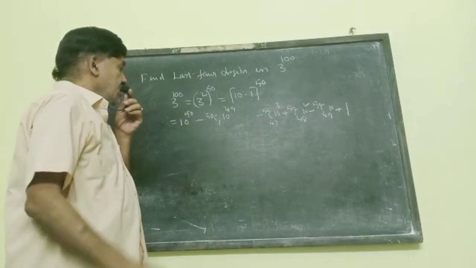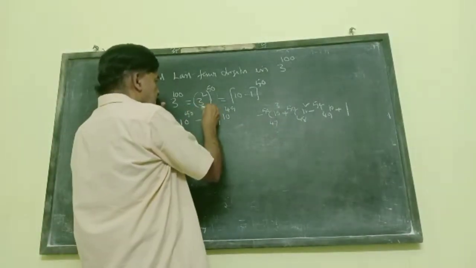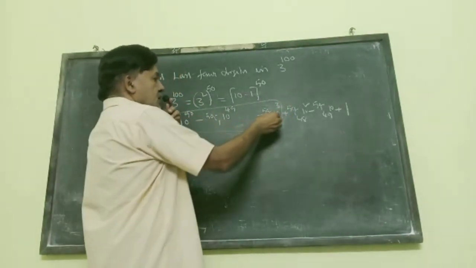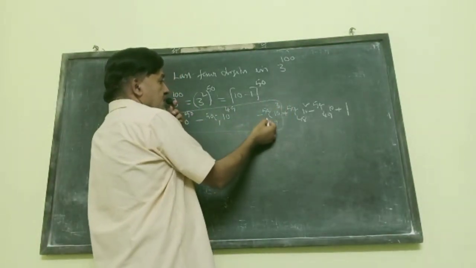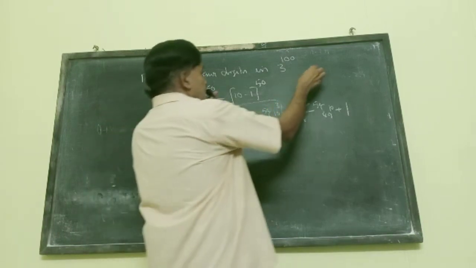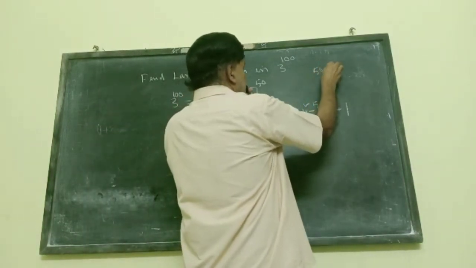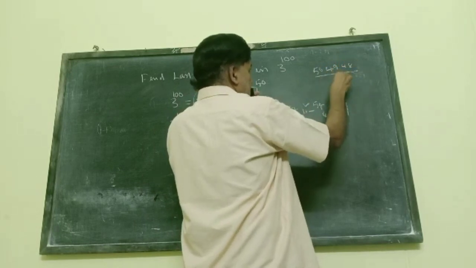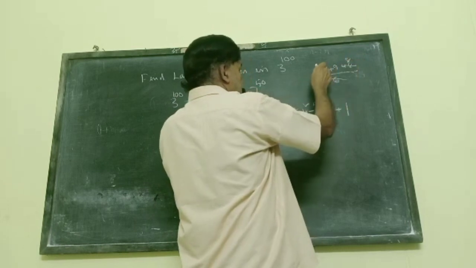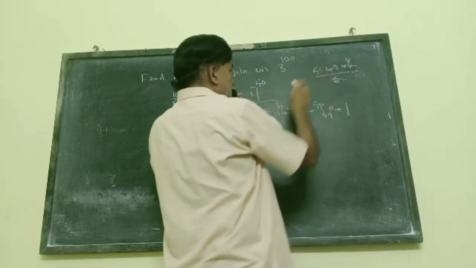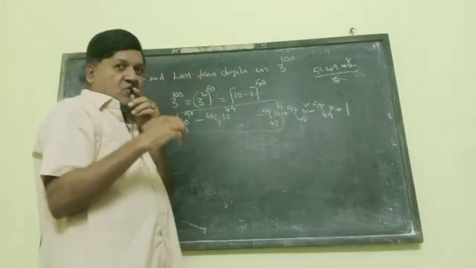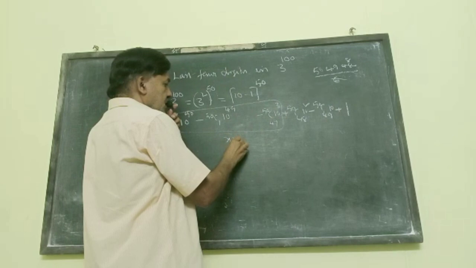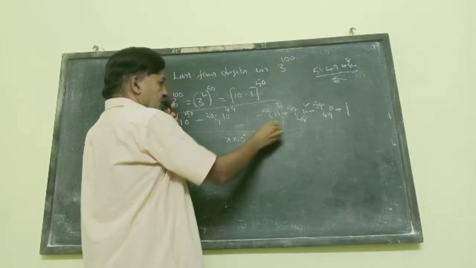If you closely look at all these terms, here 10 cube will be there. Here this is 50 C3. 50 C3 is 50 into 49 into 48 by 6. 6 8. So you get one more 0 here. So 10 cube into one more 0 is 10 power 4. So this will be in the form of x into 10 power 4.